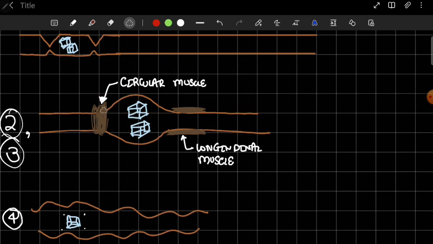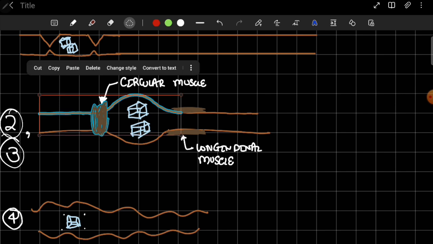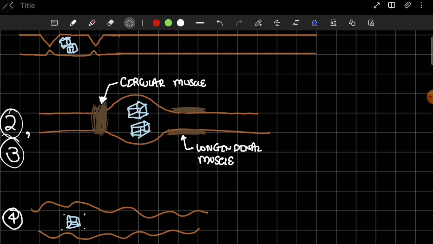So when the circular muscle contracts, the longitudinal muscle relaxes, so the food is pushed forwards. Now the longitudinal muscle contracts and the circular muscle relaxes. This causes the mixing of food. So circular muscle contraction causes the propulsion movement, and longitudinal muscle contraction causes the mixing movement.